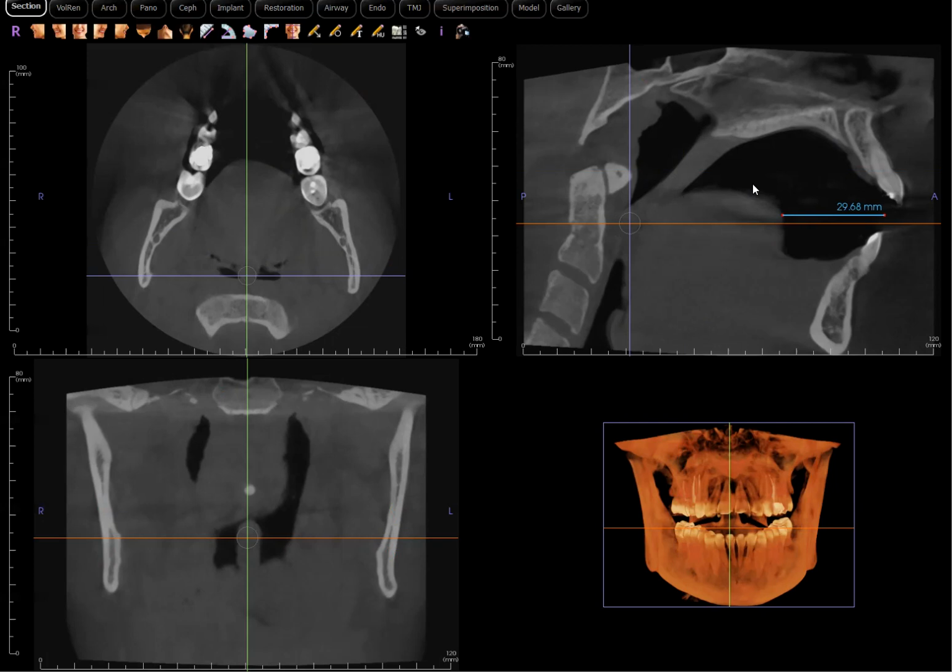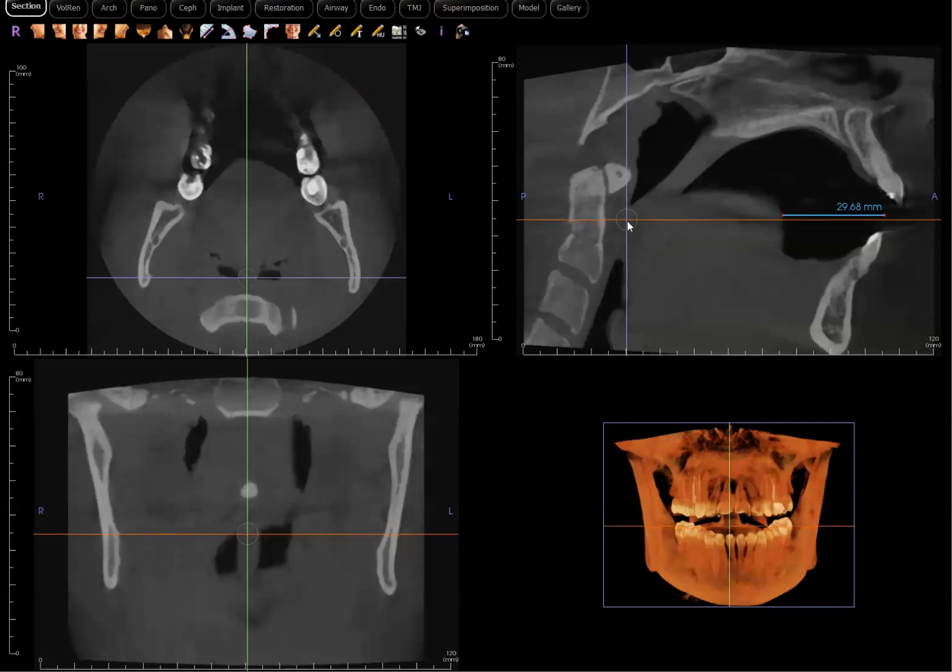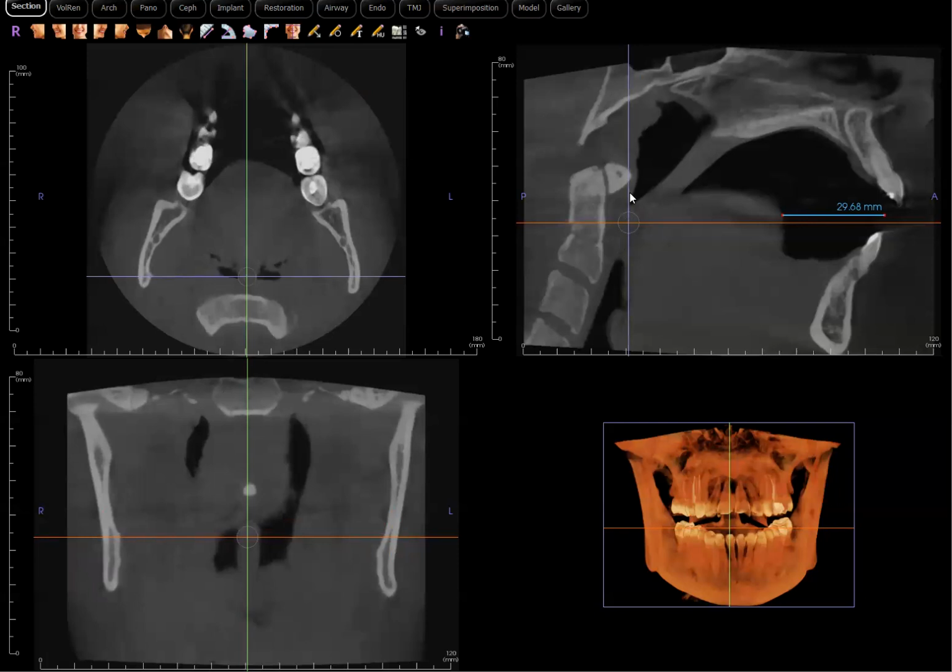It's very common while the patient is undergoing the scan that they tend to retract their tongue and hence narrow the airway, but it's relatively uncommon, I would say, at least I haven't seen one like this for a while, where they retracted the tongue so much that it pushed the soft palate posteriorly, and now it's in contact with the posterior wall of the oropharynx. So from this particular sectional view, the sagittal view, there's a complete constriction of the oropharynx.